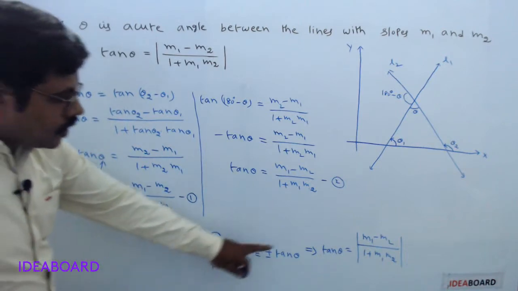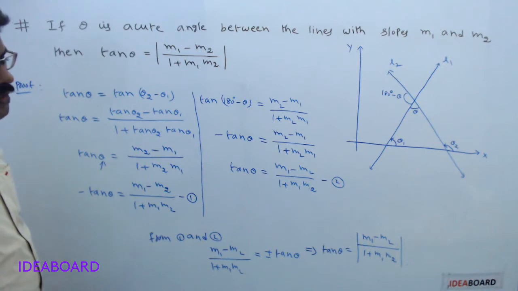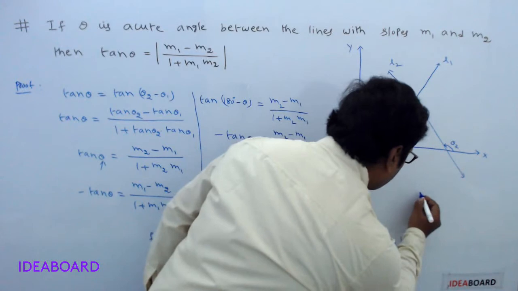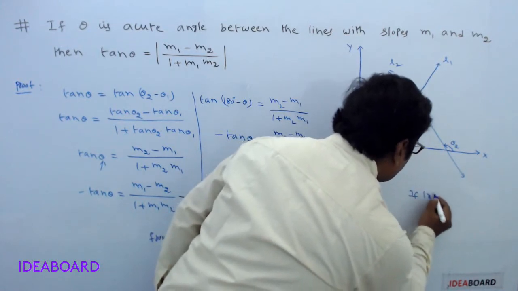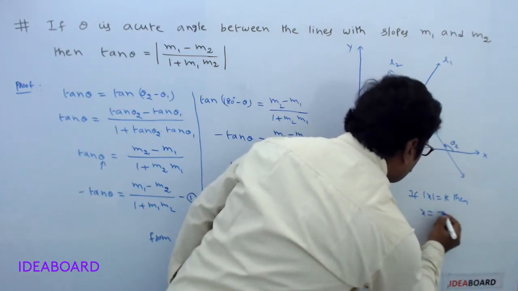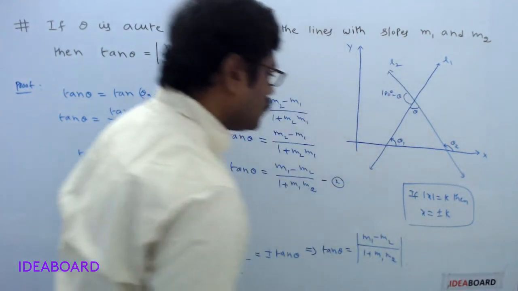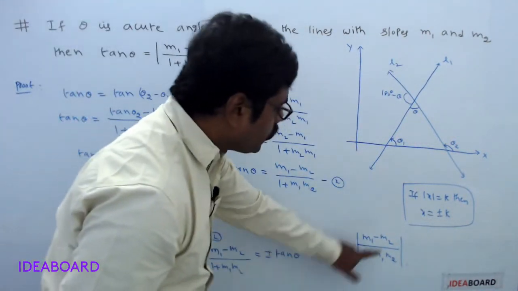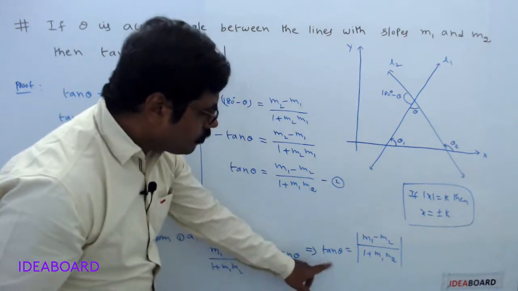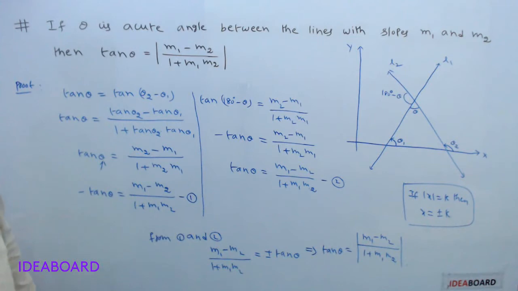Now from the property, if mod x equals k, then x equals plus or minus k. Now see, from this step to this step, by using this result, it can be taken as tan theta equal to modulus of m1 minus m2 divided by 1 plus m1 m2.